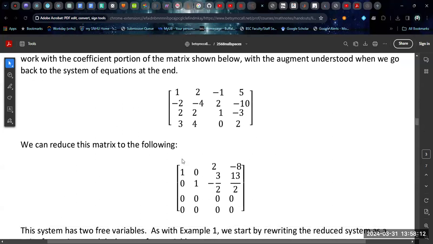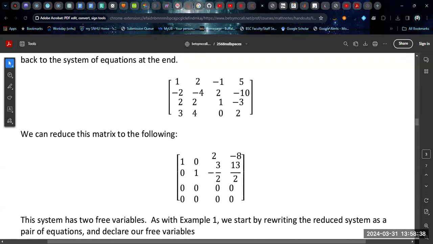Now, if, again, I used my technology to row reduce this matrix, again, depending on your particular situation, you may have to do it by hand, but it takes a while, but it can be done. And again, we want it in reduced row echelon form. So once we get our pivots, we need to make sure that everything above our pivots is also turned to 0.